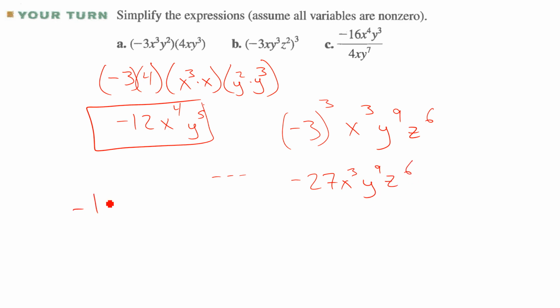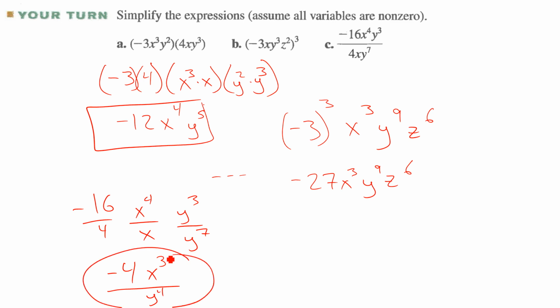And lastly, negative 16 over 4, x to the 4th over x, y to the 3rd over y to the 7th. We're going to get negative 4, x cubed, 4 minus 1, over y to the 4th, because 7 is bigger than 3, so that answer will be in the denominator.